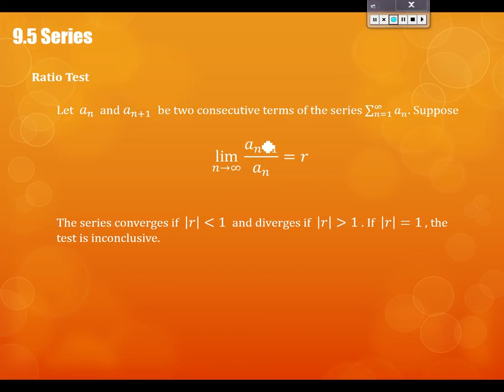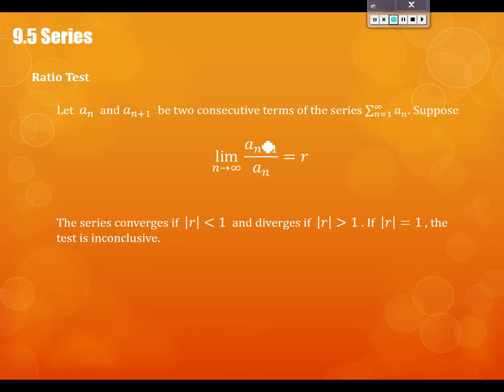Okay, so the idea is, see if this reckons with what you just read and understood, that we're looking at the limit of the ratio between terms as we go out really far. And we're saying that if that equals a constant, then even though the series may not be geometric, it acts like a geometric series.